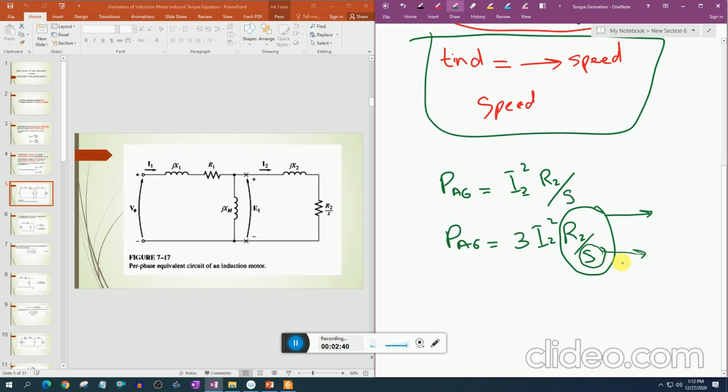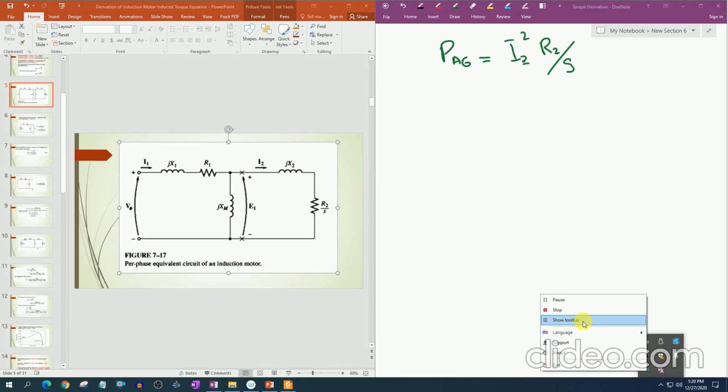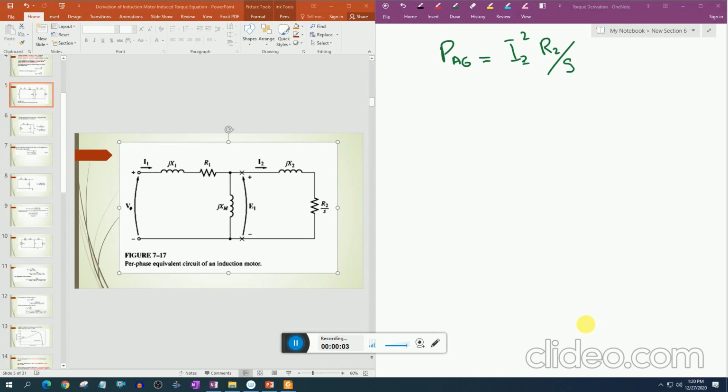When load increases, slip increases. So the whole parameter indicates rotor resistance and connected load, and this connected load multiplied by I square is equal to the P of air gap. So P of air gap is equal to 3 I2 square R2 by S.